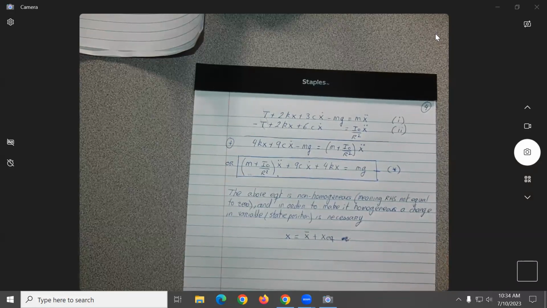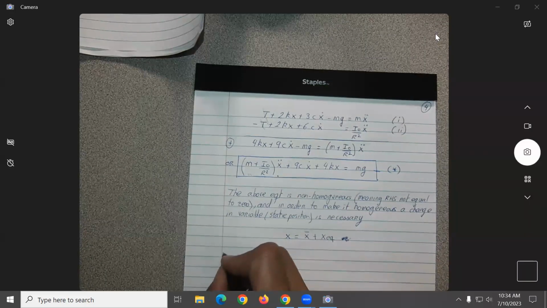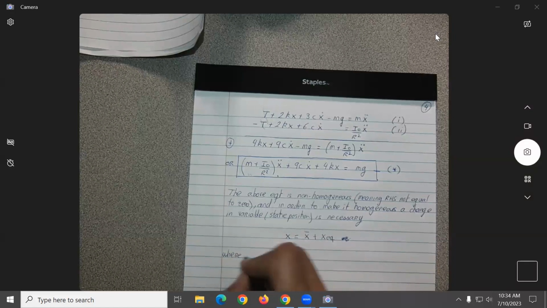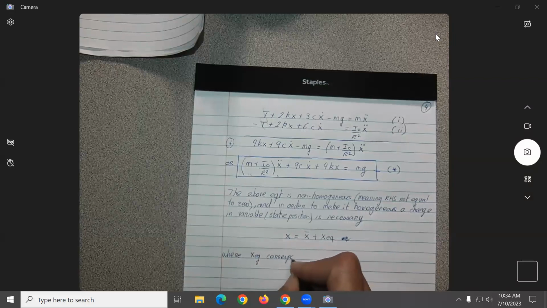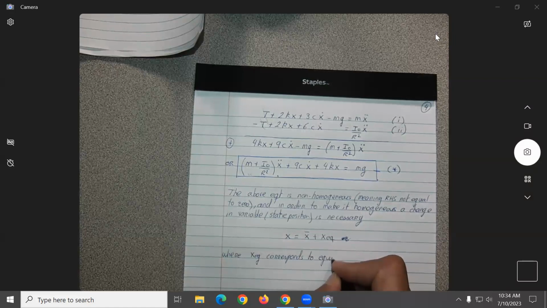It's fine. Where x eq corresponds to the equilibrium position.